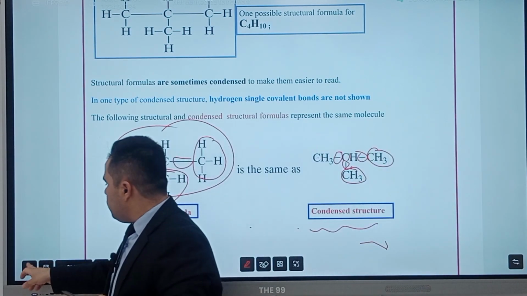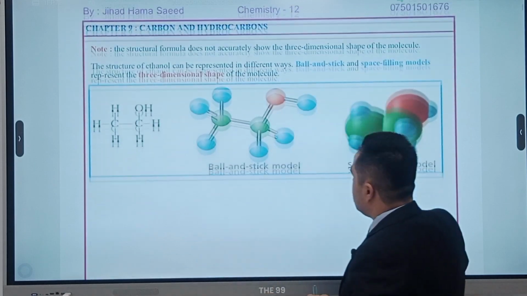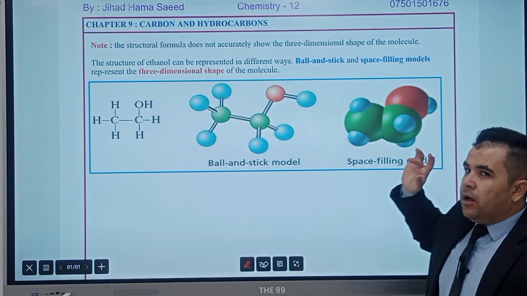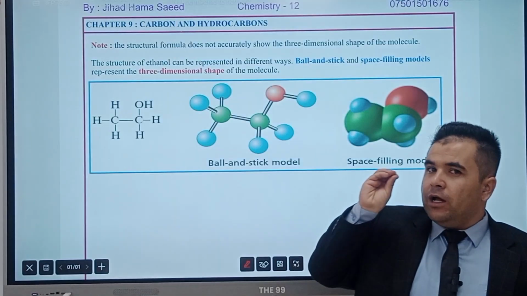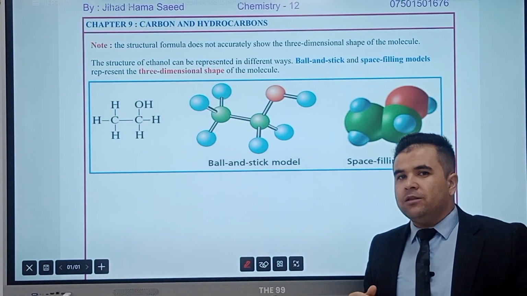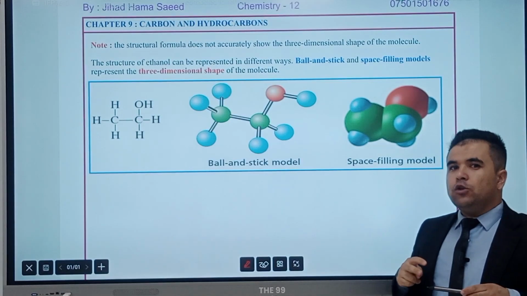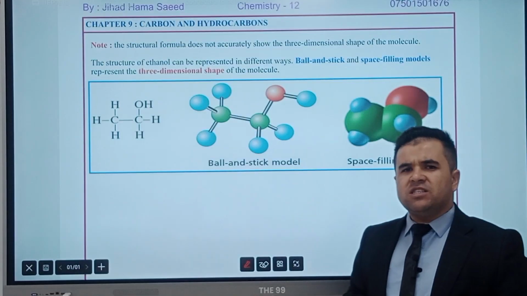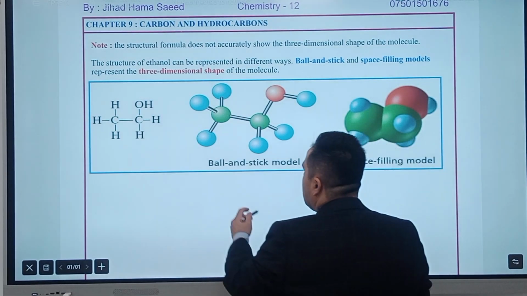It's better to know how to draw the condensed structural formula. Does the structural formula show the three-dimensional shapes of the atoms? No, it does not. Instead, we have two models of representation. One we call the ball and stick model.